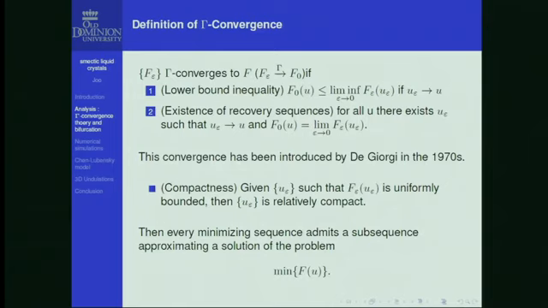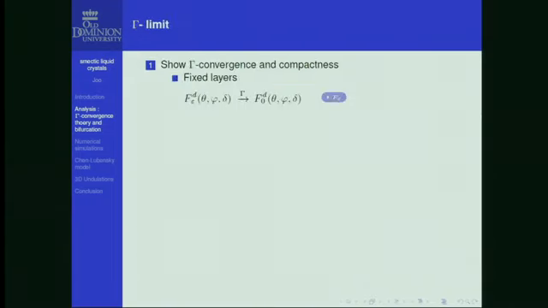This is the sharp estimate, and it is always paired with the compactness result. Once you prove these three conditions, then we can say that a subsequence of the minimizing sequence converges to the minimizer of this f epsilon. So we do this.